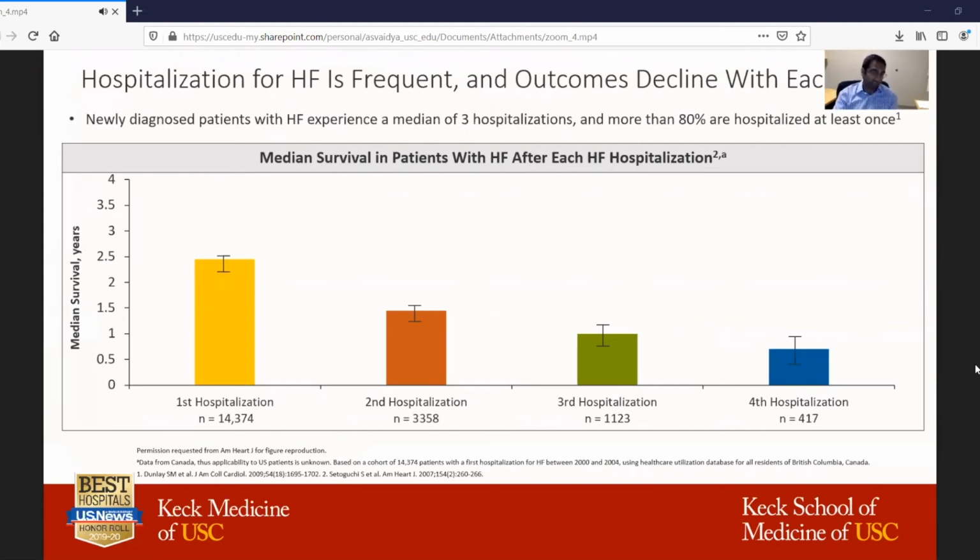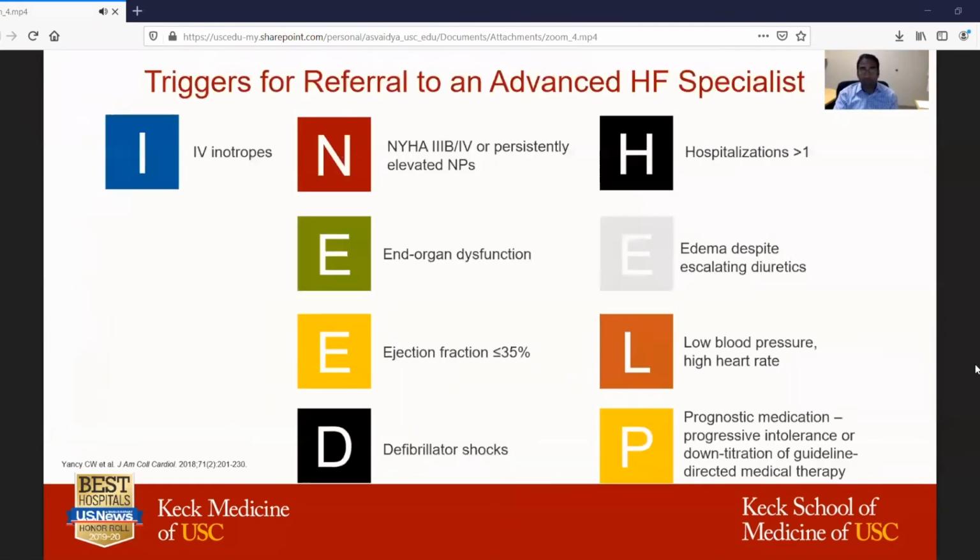But whenever you're seeing a patient and you're about to discharge them from the hospital after their 4th hospitalization, if you look over here, they're leaving the hospital with a median survival of 6 months. So really a poor survival, and it gives you an opportunity to really make sure you're doing what's best for them in terms of referring them on to advanced heart failure specialists if that's needed.